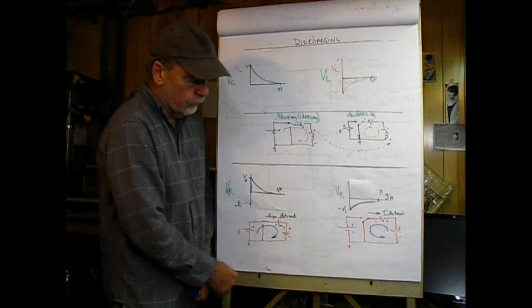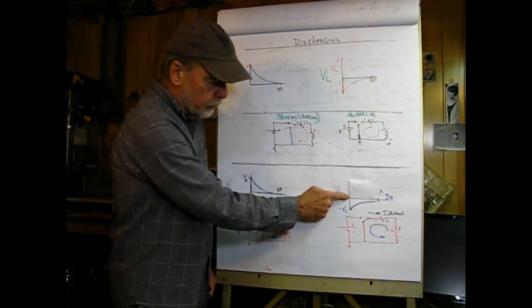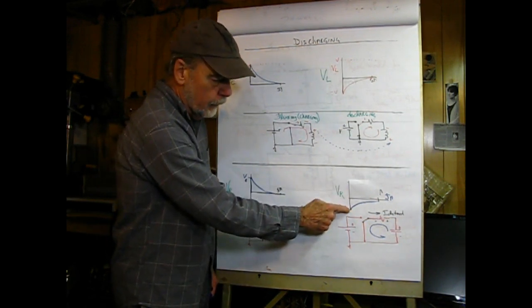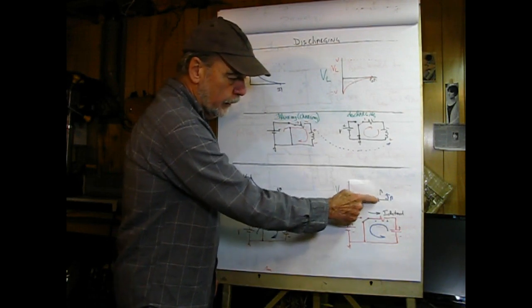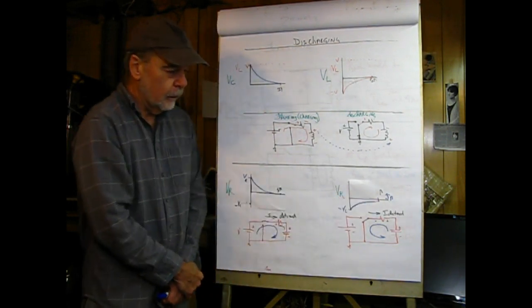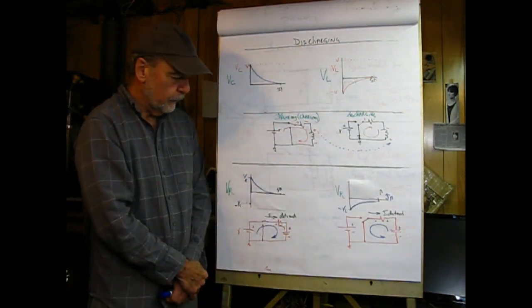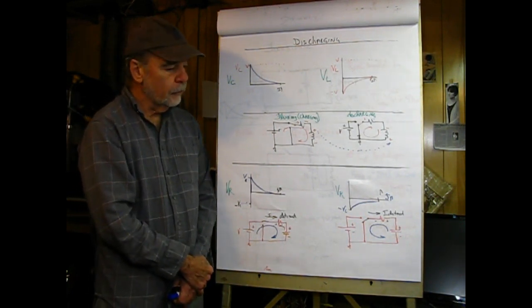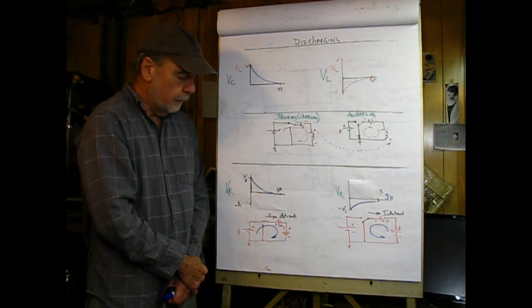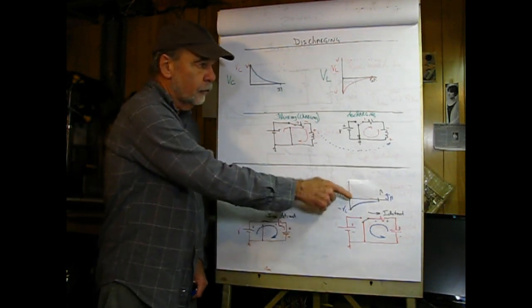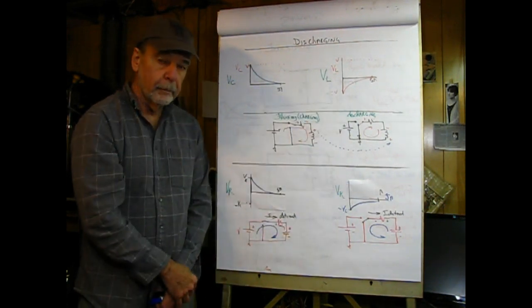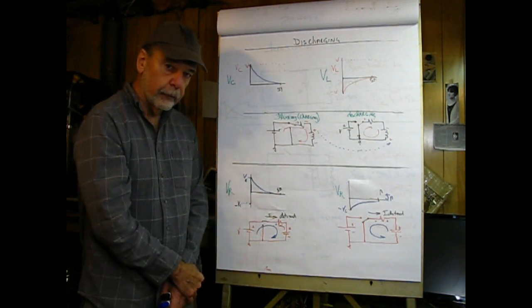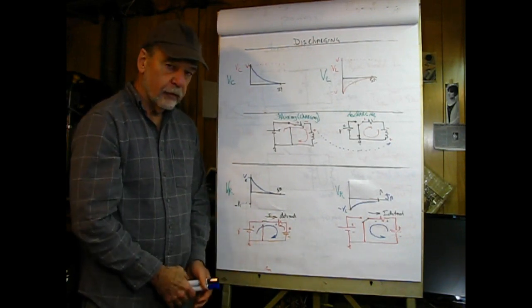As a result, the voltage would start out at negative VC and exponentially decay to 0. This would be across the resistor. Now, in both the case of the inductor and the capacitor, there's a fourth quadrant excursion. A little bit different reasons why they're there, but that's just a fact of life.